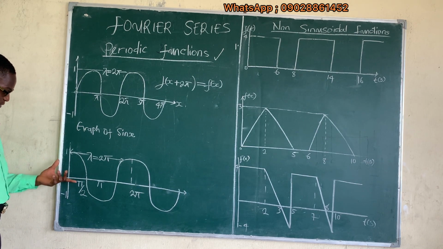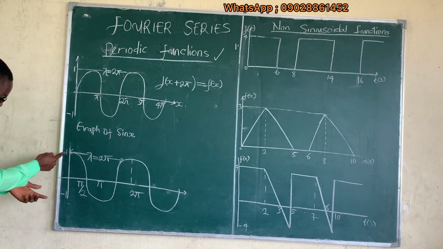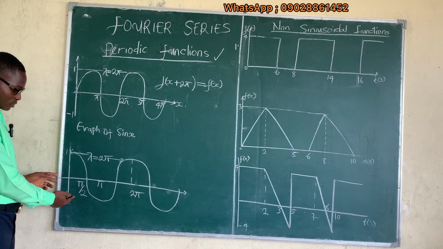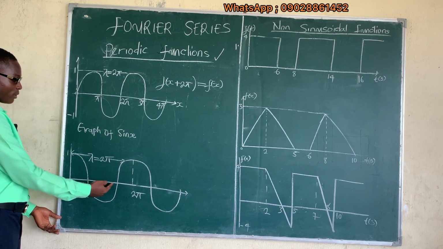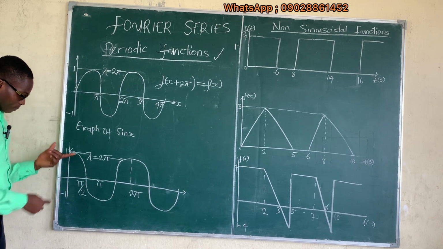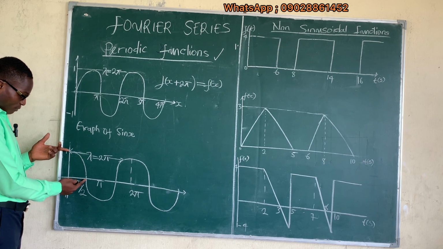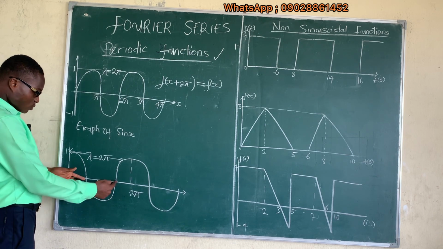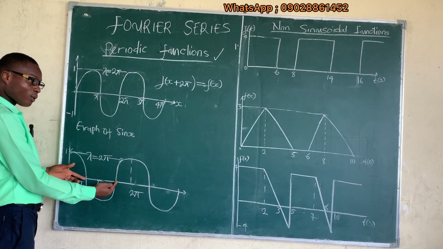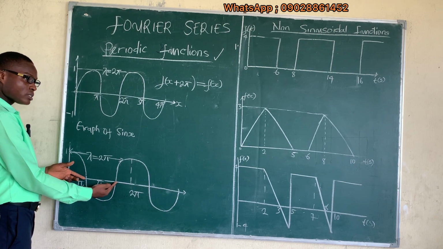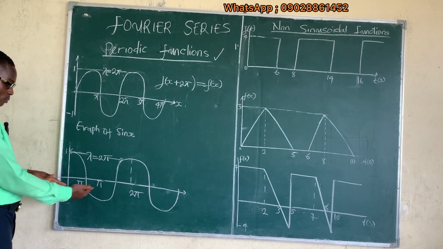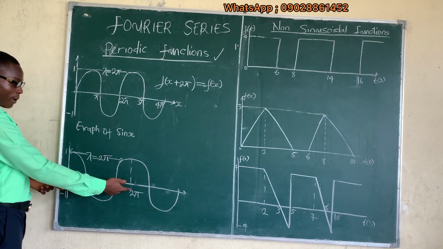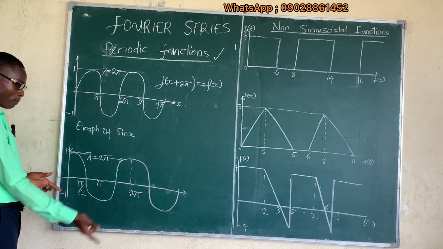And for the cosine function, from here to here is pi over 2. It means from here to here also will be pi over 2, then from here to here will be pi. So if from here to here is pi over 2 and from here to here is pi, then we need another pi over 2 to complete 2 pi, because pi over 2 plus pi plus another pi over 2 will give us 2 pi.